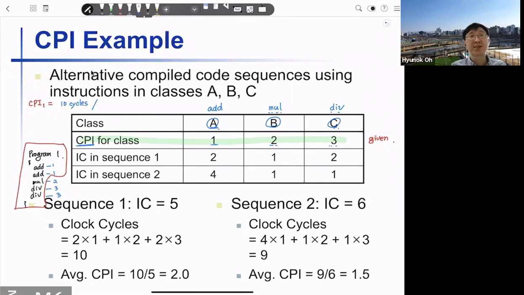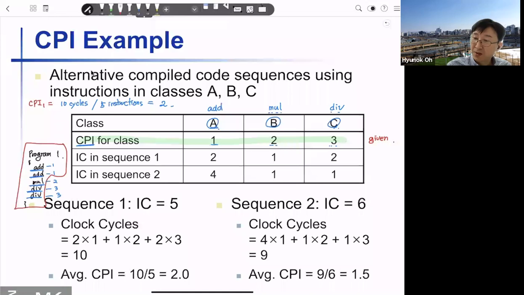How many instructions for the first program? 1, 2, 3, 4, 5. Yes, that's 5 instructions. Then what's the CPI value?